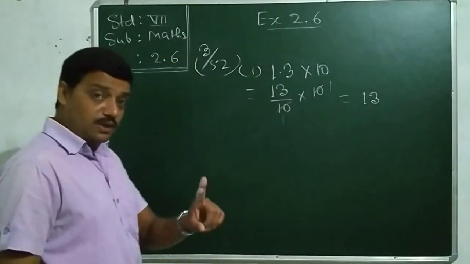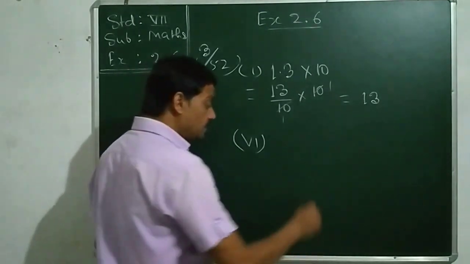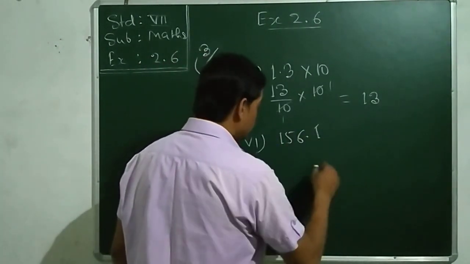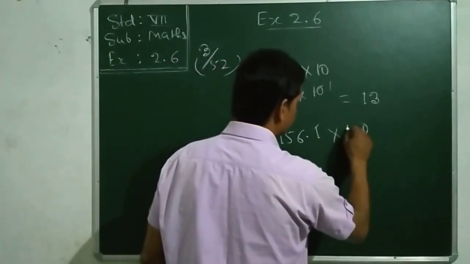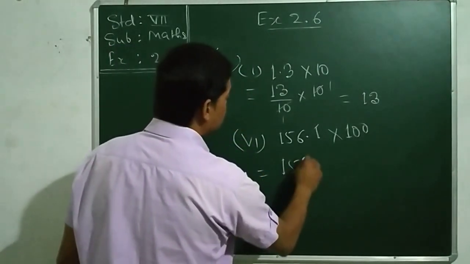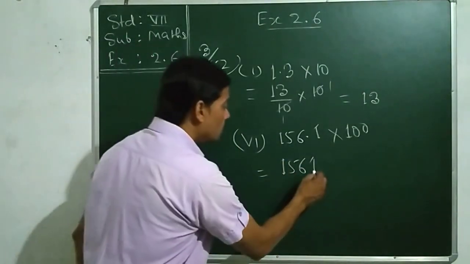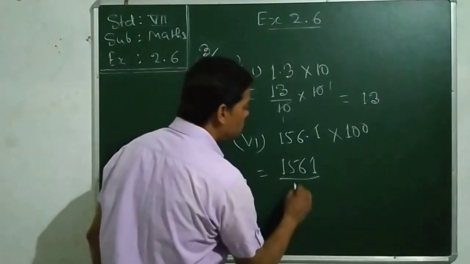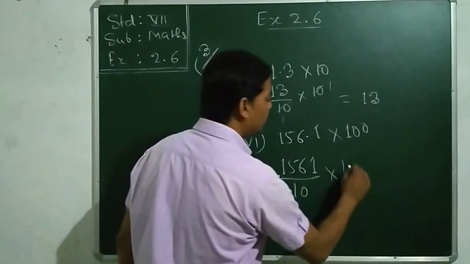Come to one more sum. I am showing you the 6th number. In the 6th number, 156.1 into 100. We will write 156.1 without the decimal point, and put 10 in the denominator, then multiply by 100.